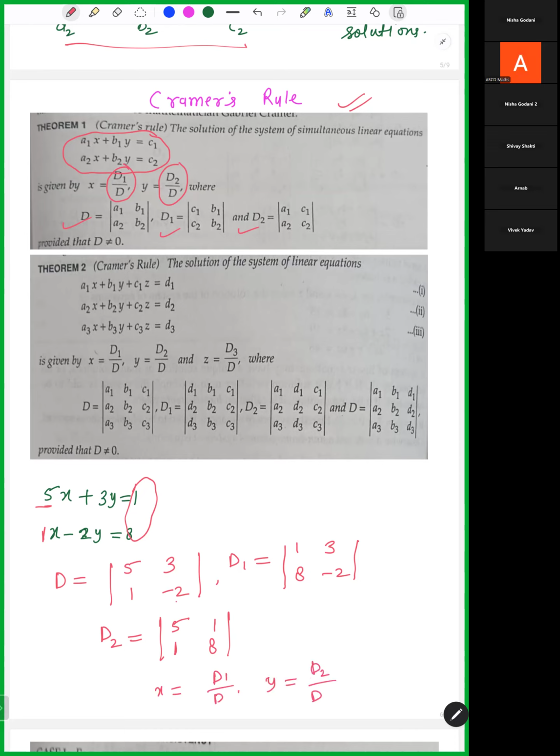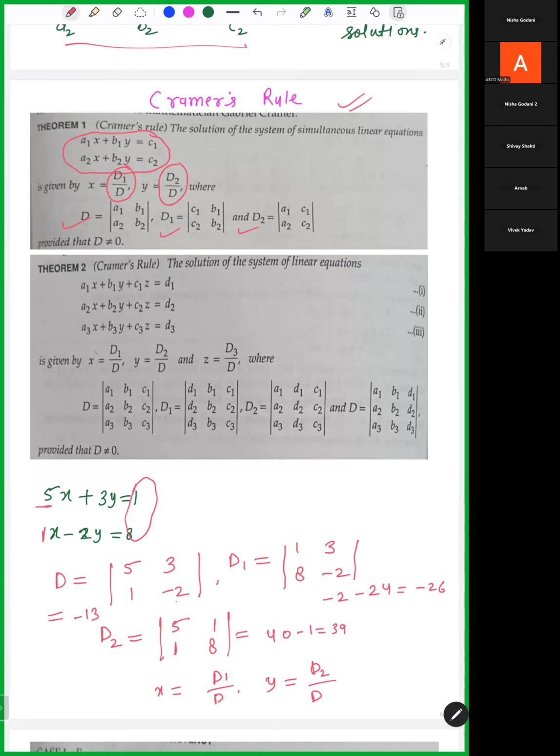Okay, so you can check in this question, what is D in this example? It will be minus 10 and minus 3, so minus 13. What is D1? Minus 2, minus 24. So minus 26. What is D2? 40 minus 1, 39.